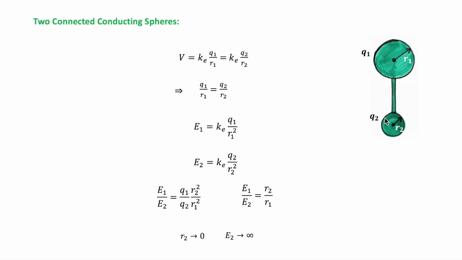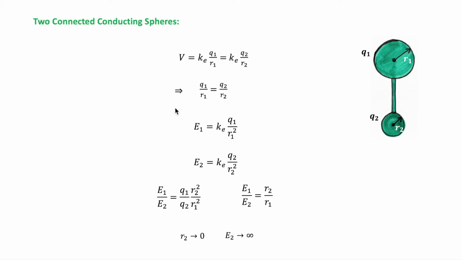So suppose the spheres are far apart so that the field of one does not affect the distribution of the other. The conducting wire here ensures that both are at the same potential. So V, the potential of each sphere, is equal to k_e Q1 over R1 and is equal to k_e Q2 over R2.